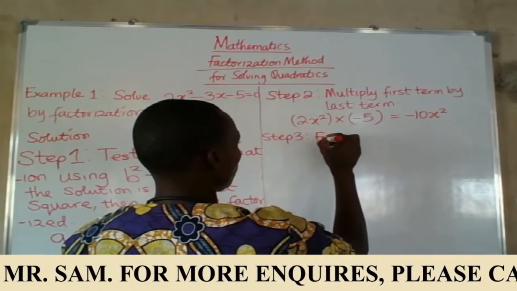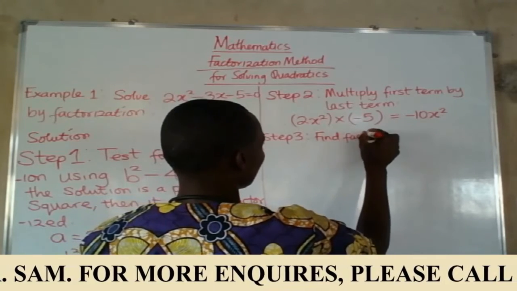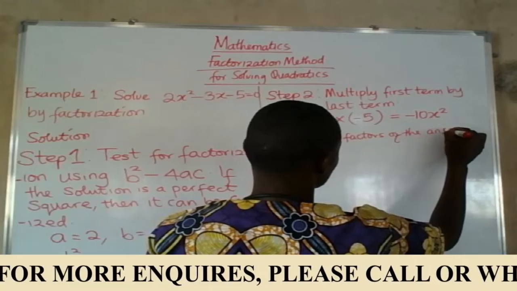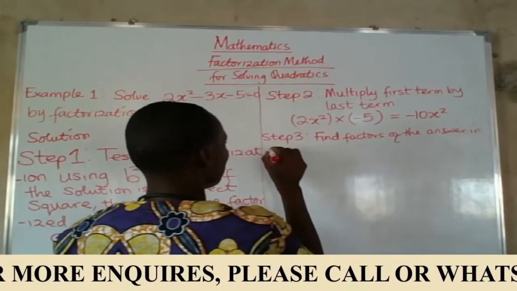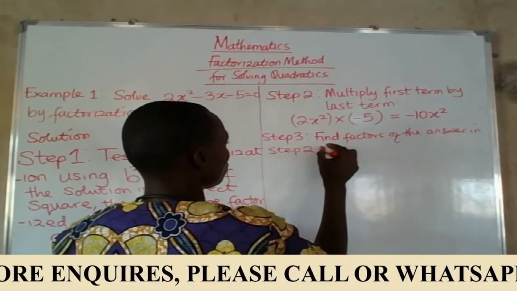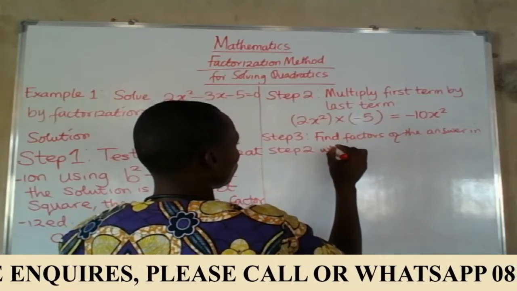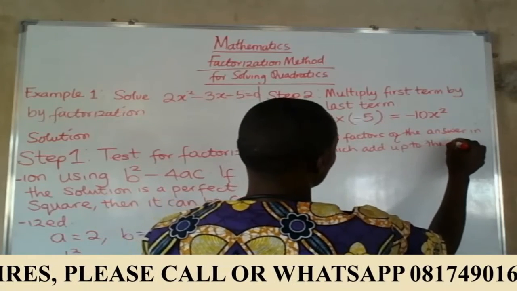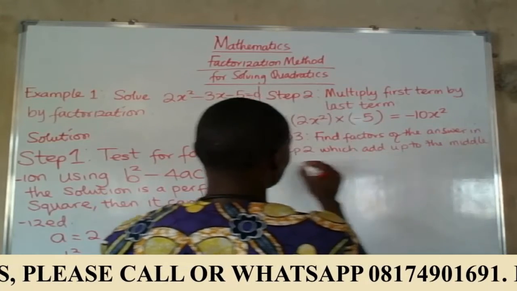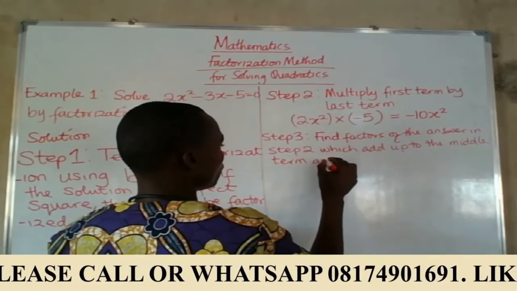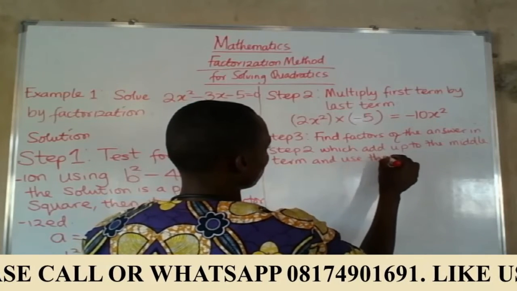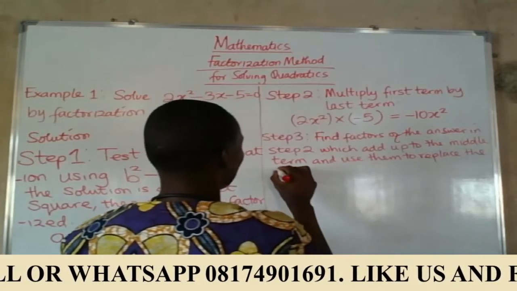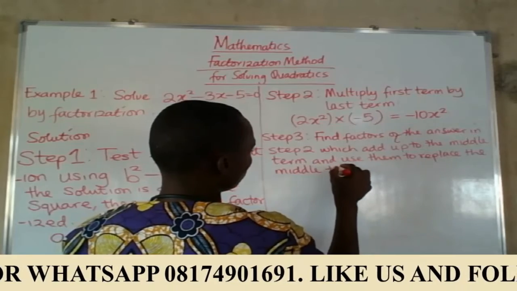Step 3 says we should find factors of the answer in step 2 which add up to the middle term, and use them to replace the middle term.